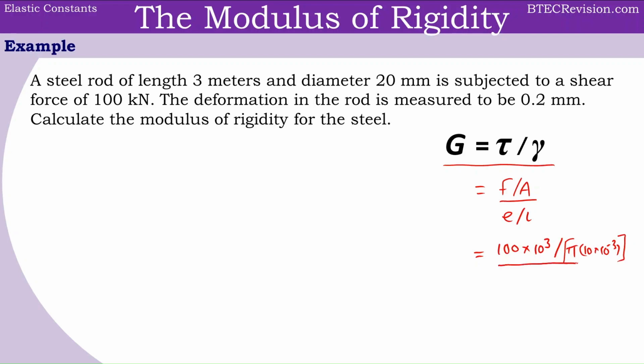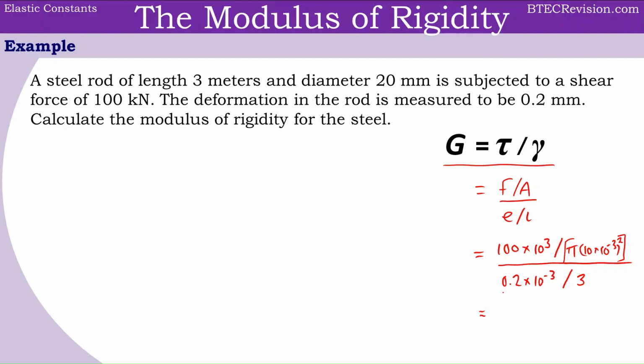And then all of that is divided by the extension. So that's 0.2 times 10 to the -3, and that is divided by the length, which is 3 meters. And don't forget to square the radius because the area of a circle is pi r squared.